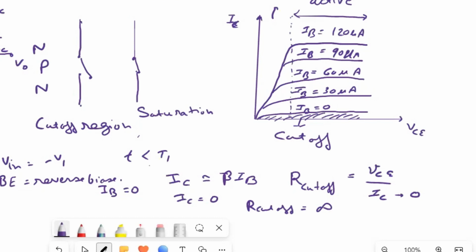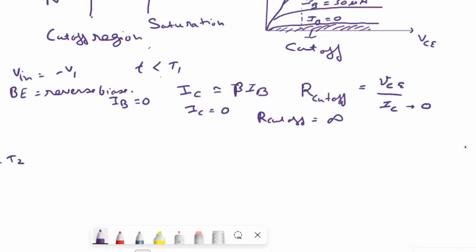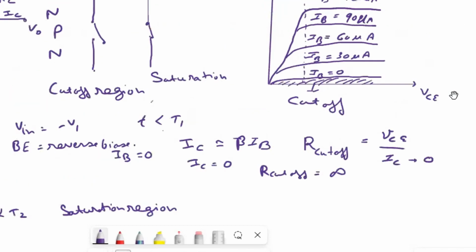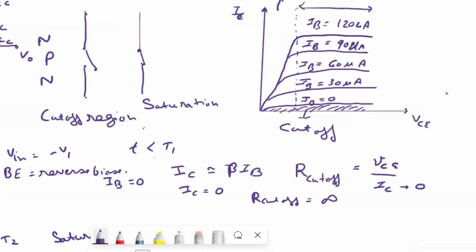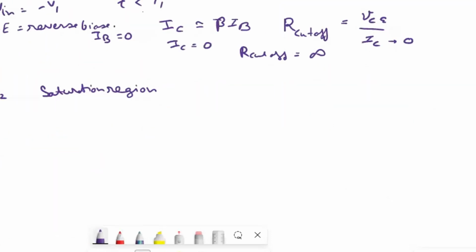Now for the saturation region of operation, in this region the voltage VCE is very small. It is actually close to 0, or usually around 0.2 volt.